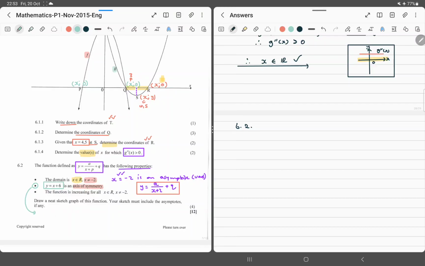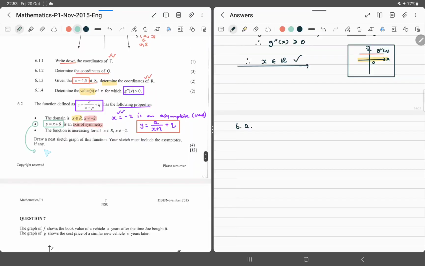We know that the axis of symmetry with a positive gradient is given by y equals x minus p plus q. So this is basically x plus 2 plus q.